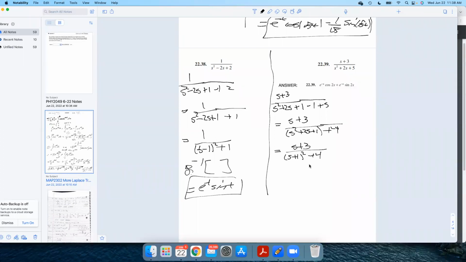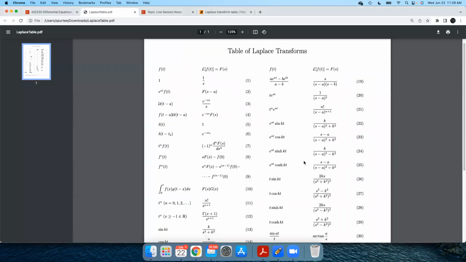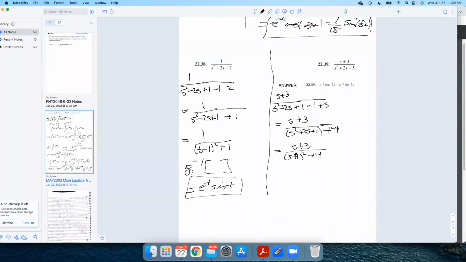This kind of looks like this formula here with the cosine. I've got the bottom looking how I want. My A is a negative 1, I think. Yeah, that's s minus negative 1. My K is 2. Problem is these are supposed to match. That should say s plus 1 there instead of s plus 3.